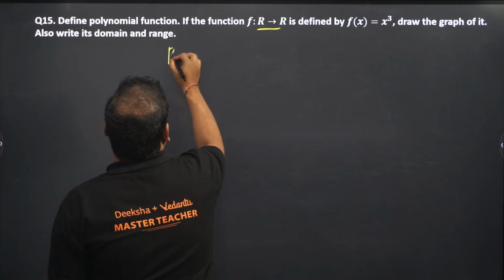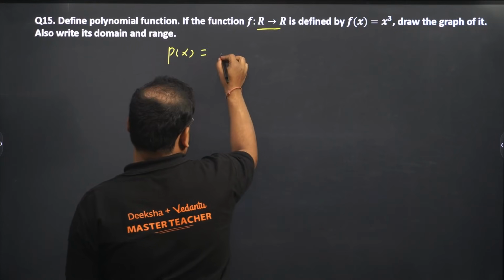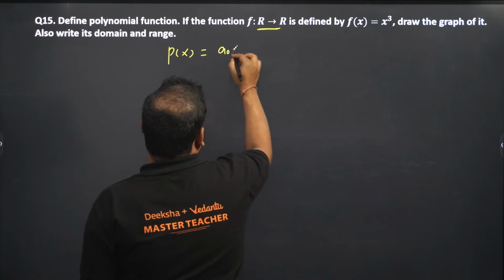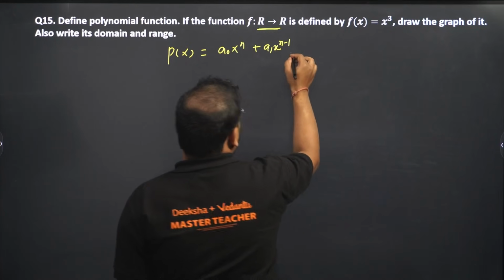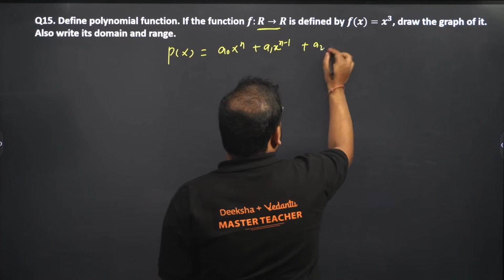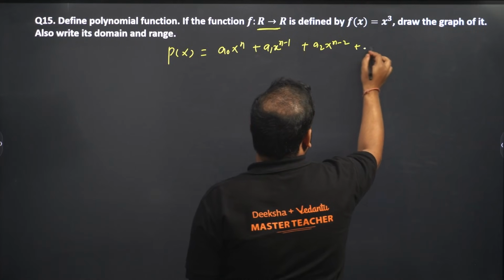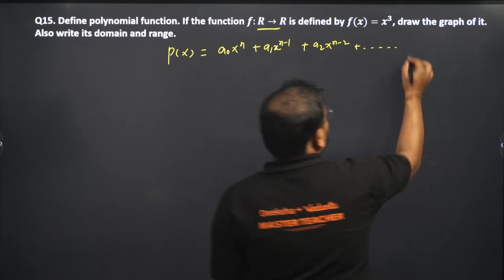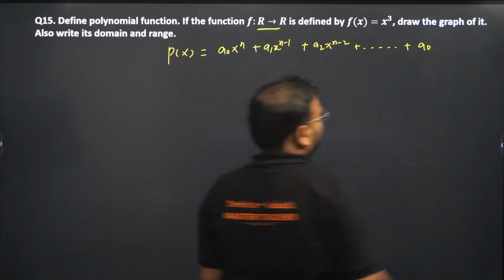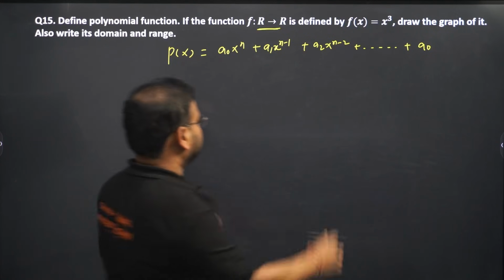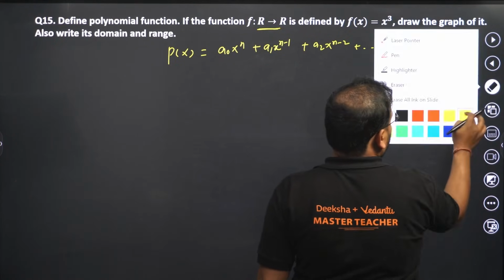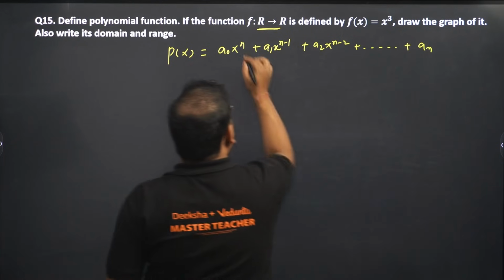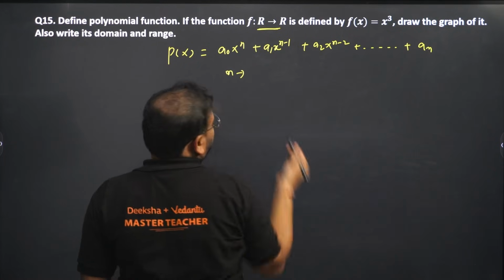So p(x) we have all learned is defined by a naught x power n plus a1 x power n minus 1 plus a2 x power n minus 2 and so on till the constant an, where this n value will be a non-negative value.